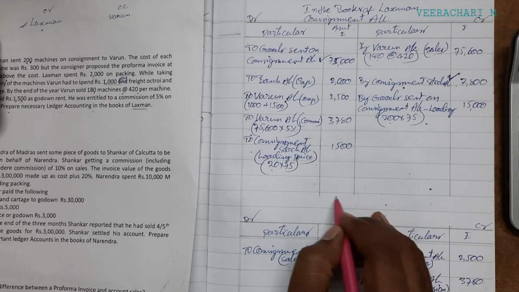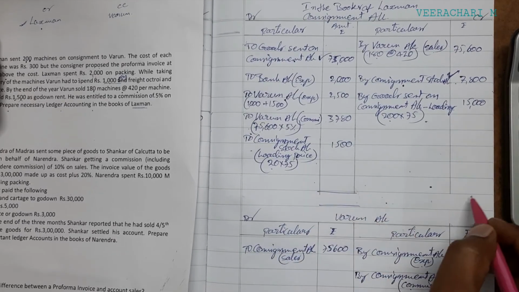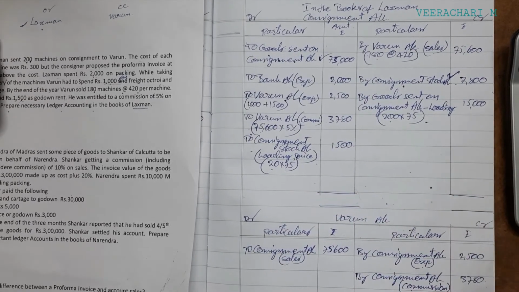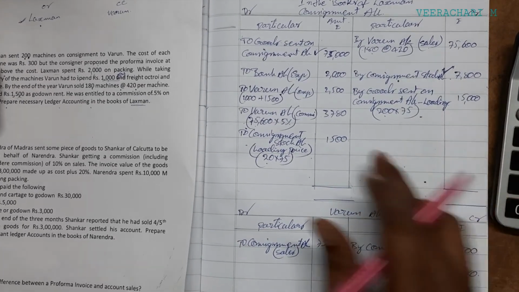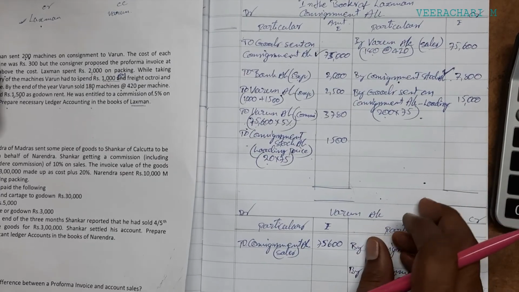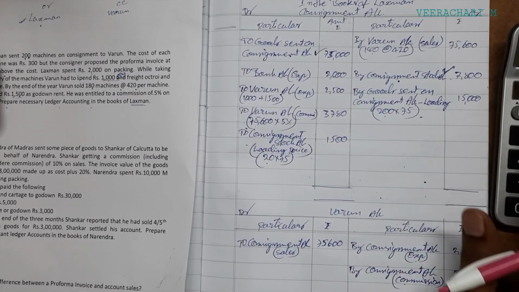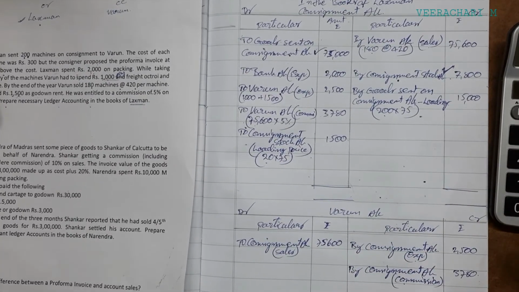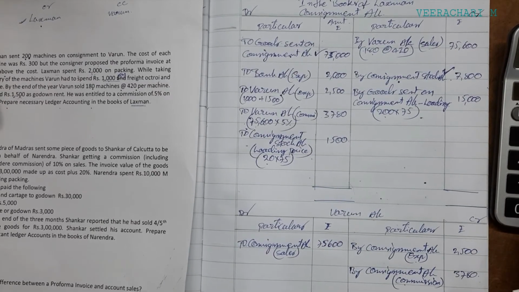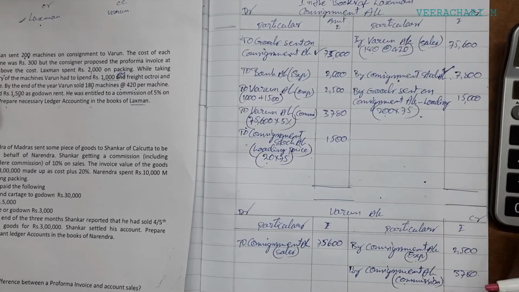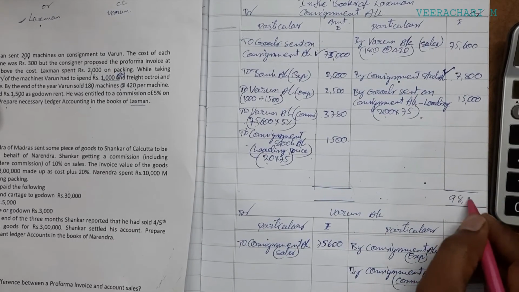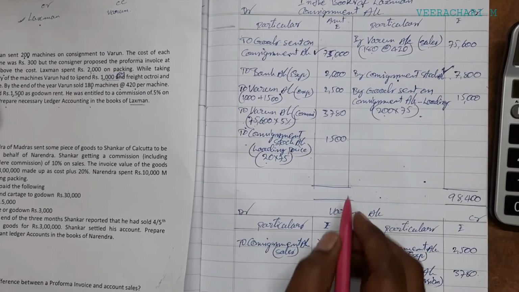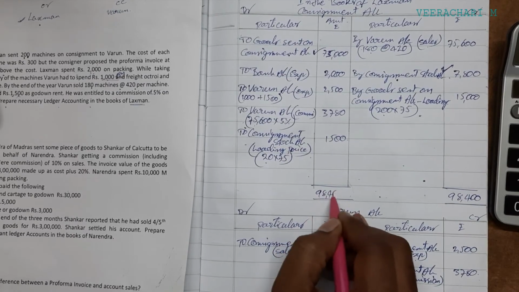So all the transactions are posted and all adjustments are completed. Now you can compute the profit or loss in this consignment account. Credit side is the larger. First total the credit side: 75,600 plus 7,800 plus 15,000, that is 98,400. The same amount, 98,400, you can write on the debit side.